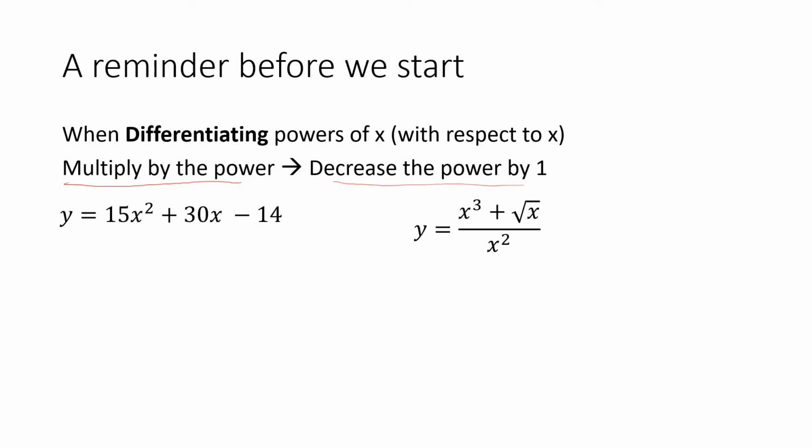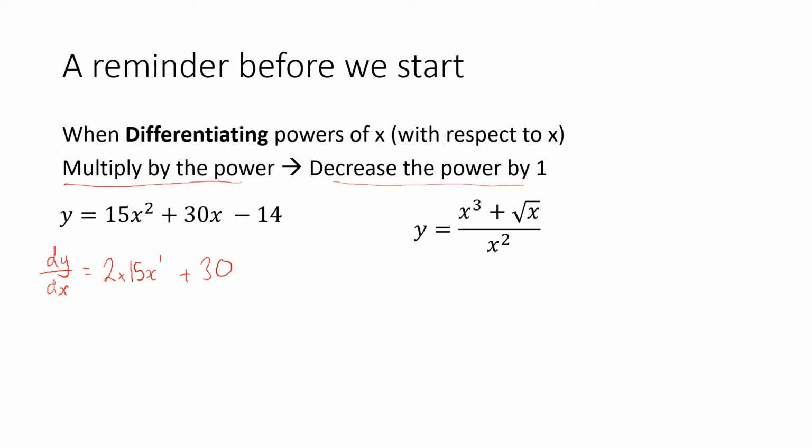So just to look at these as two little examples, if you had y equals 15x squared, etc., then our differentiation, so our dy by dx, we would times by 2 and decrease the power by 1. If we've just got an x on its own, then that essentially becomes 30. The x disappears. We're timesing by 1 and decreasing it to just x to the 0.